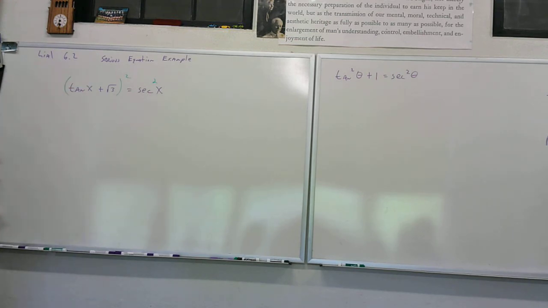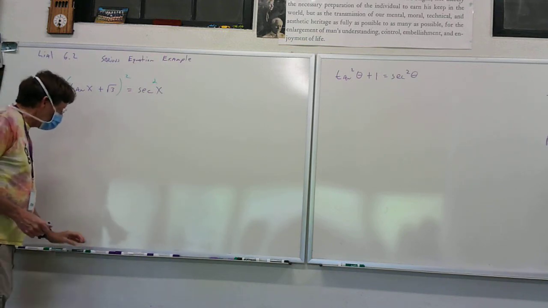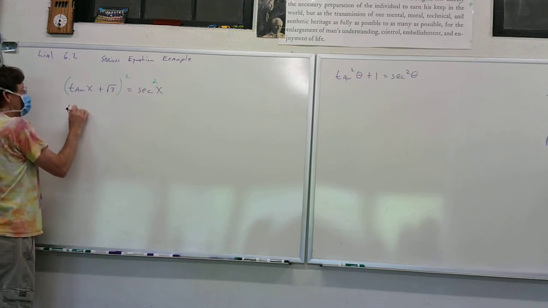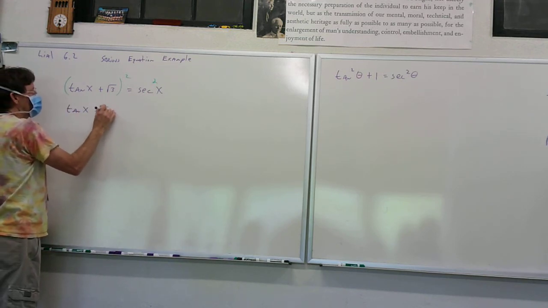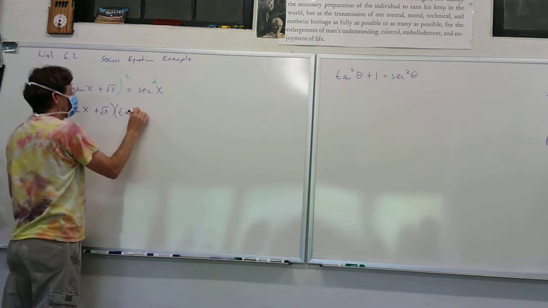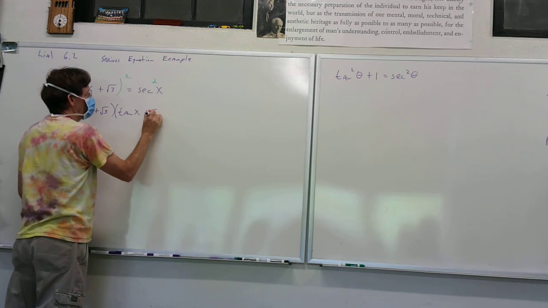If you'll notice, out of all the identities that you have, you don't have one for just tangent x or just secant x. But you do have one for tangent squared plus what? Secant squared, right? Or tangent squared plus 1 equals secant squared. Now, when you do square this one, you have to think. You don't just square each term.